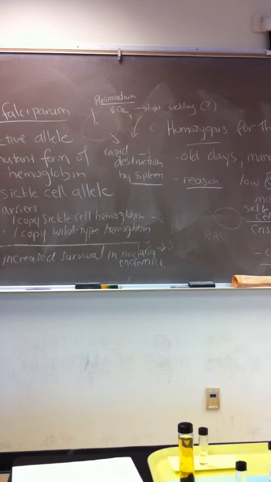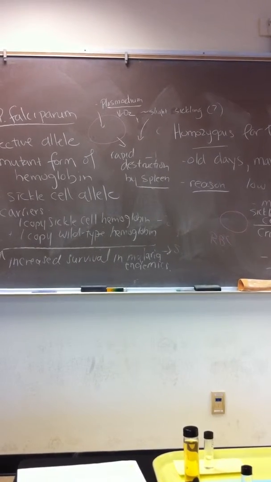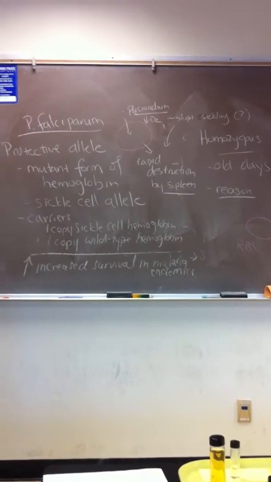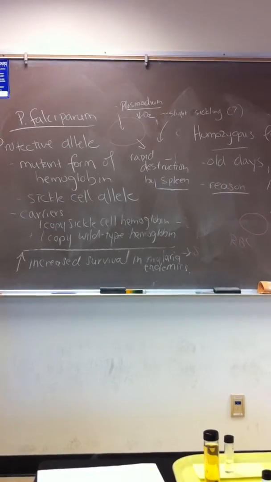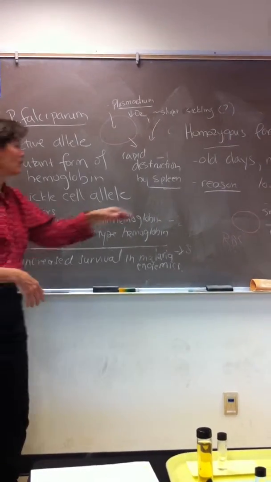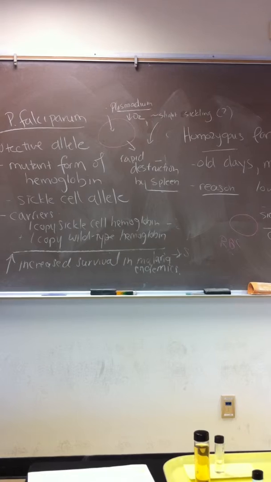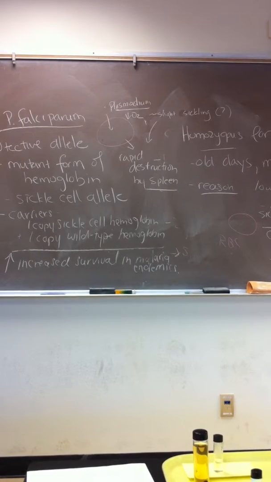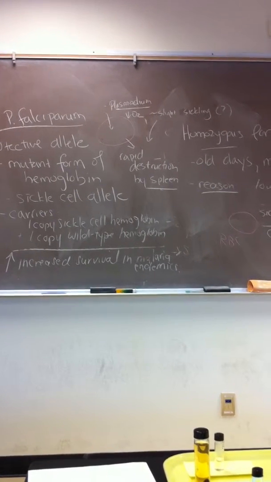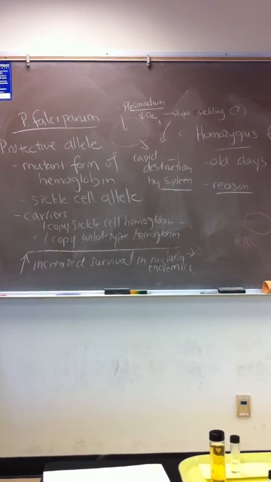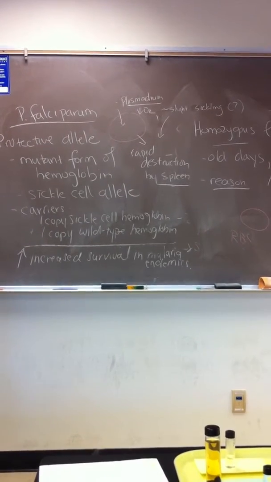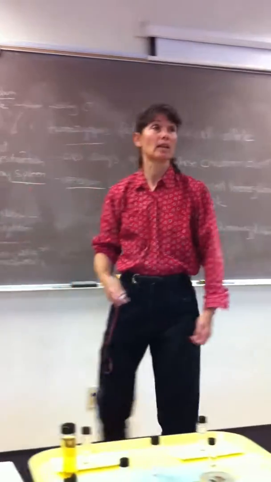And again, this is often used as an example where a pathogen has actually exerted natural selection on human populations. Many people whose ancestors lived in tropical areas of the world where malaria was endemic, those populations are enriched for the sickle cell allele because it was a huge survival advantage, right?